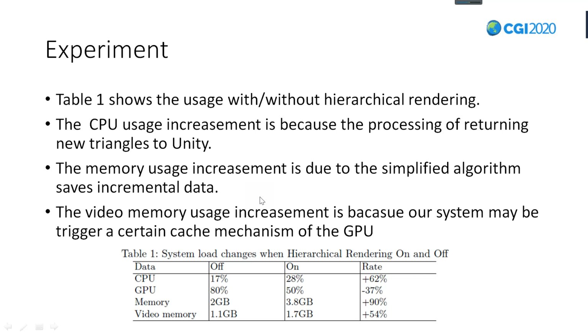According to the data in Table 1, we can see that the CPU usage has increased because of the process of returning new triangles to Unity. The memory usage has also increased because the simplification algorithm saves incremental data. Third, the video memory usage has also increased, because our system may have triggered a certain cache mechanism of the GPU.